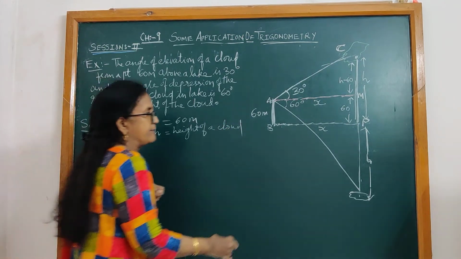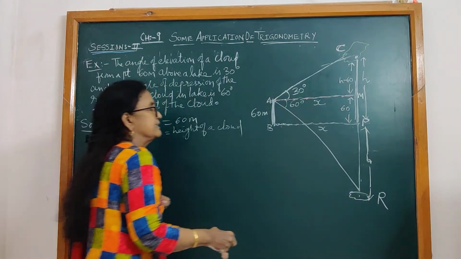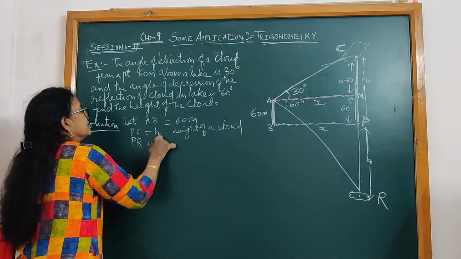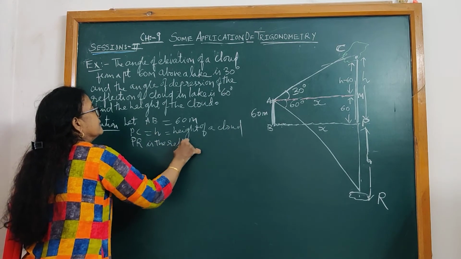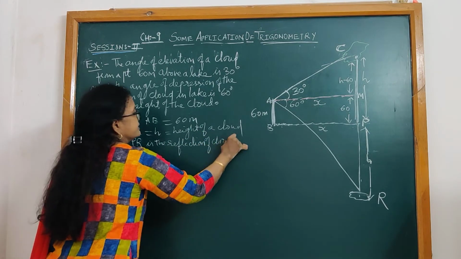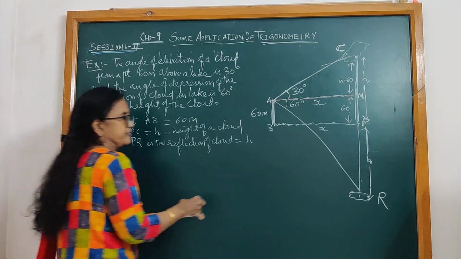And if I am taking this point as R, then PR is the reflection of the cloud, and that is also equal to h meter.